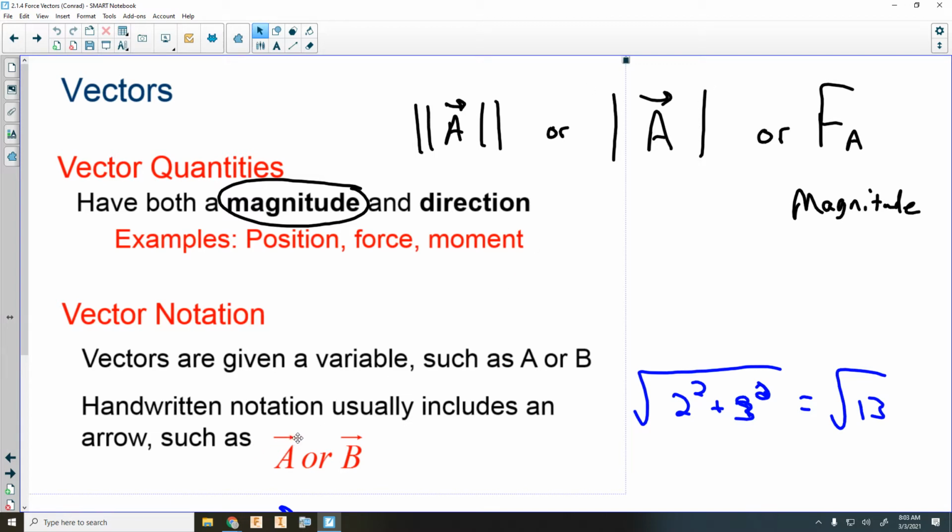A vector can be written just as vector A, vector B, or with a ray symbol over it. Or that magnitude can be written as the magnitude of vector A. That's another way it's written. Not a big deal, just different notations. All three of those mean the same thing. Okay? We okay with that?